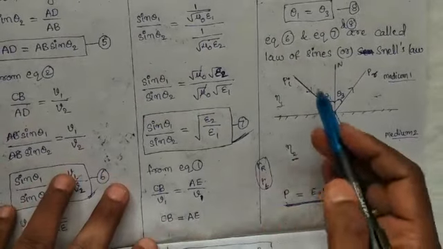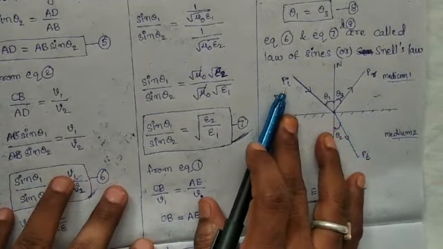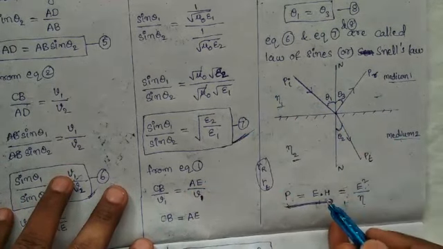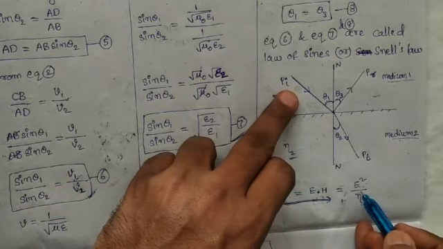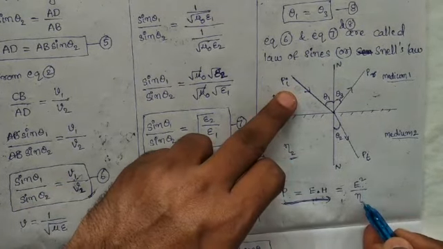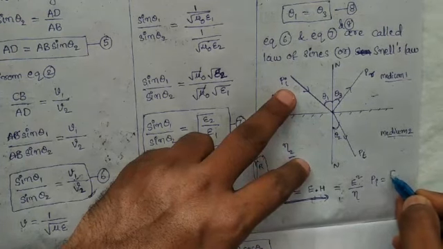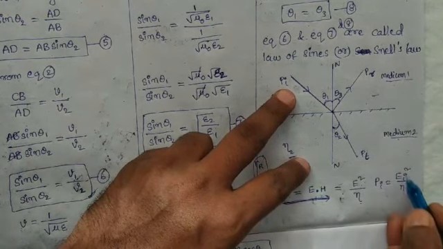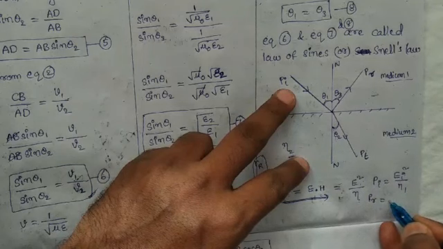Here now we are obtaining the incident power. Here Pi is equal to what? How to calculate the incident power? Pi is equal to, in terms of incident field, E I square by eta 1 in medium 1 it is. Similarly reflected power is equal to what?